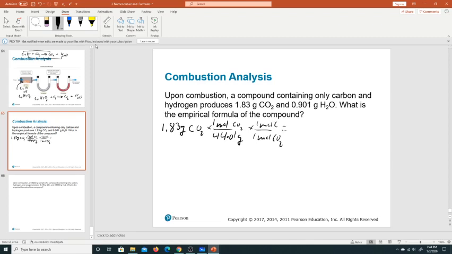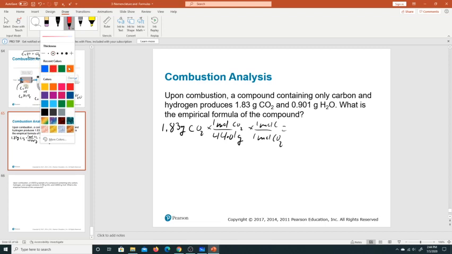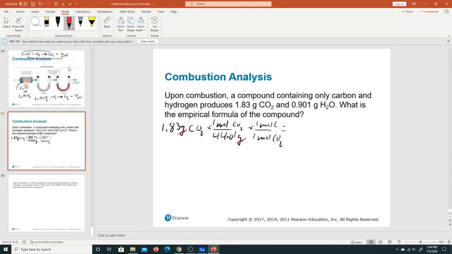So this will now tell us the number of moles of carbon we have. 1.83 divided by 44.01 equals, obviously we check our units here to see how things cancel. Grams cancel, moles cancel. So the moles of carbon are going to be 0.04158.